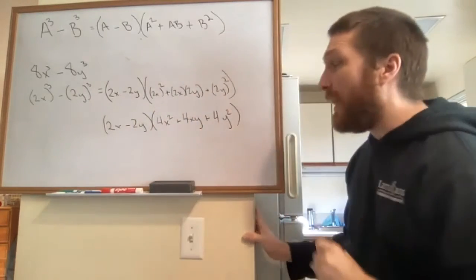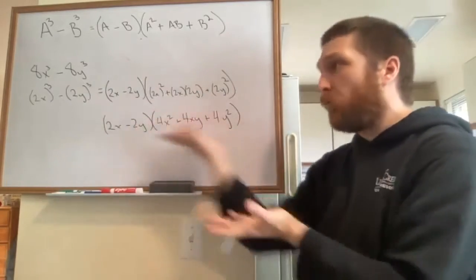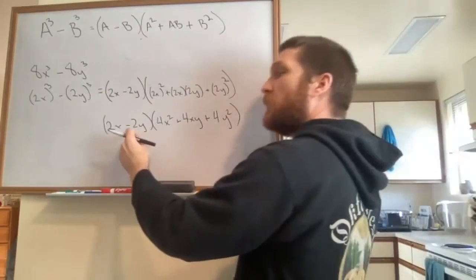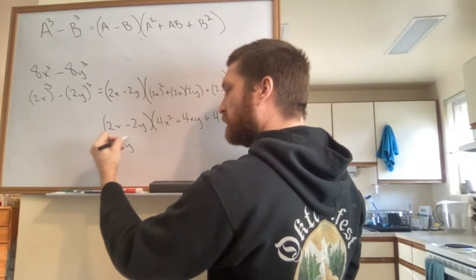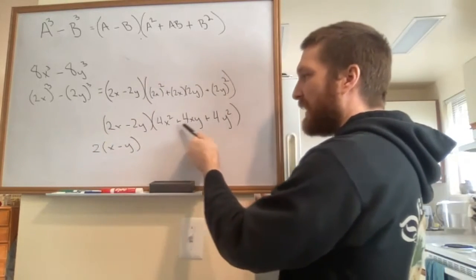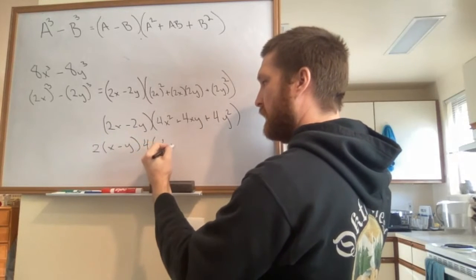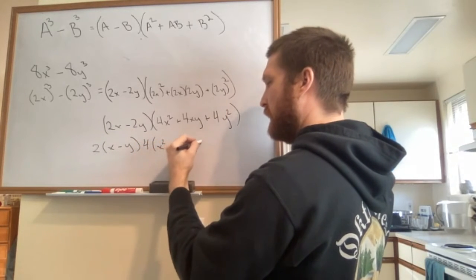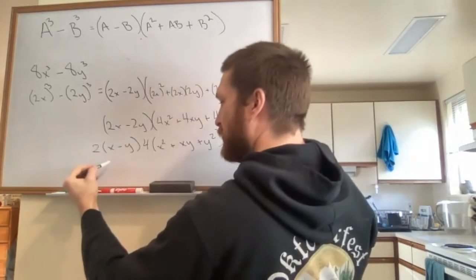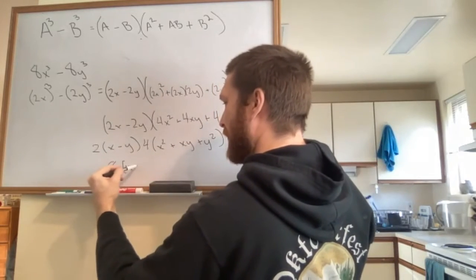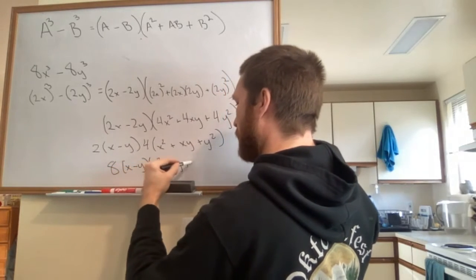You'll notice, oh, hey, you can actually factor some stuff out. Like at this point, you wouldn't be done. You'd have to factor out a 2 from here. So you'd have a 2 that comes right here. And it looks like you could factor out a 4 from here. So we'd have a 4 that comes out of here. In which case, pull that all together and you would have an 8 times x minus y times x squared plus xy plus y squared.